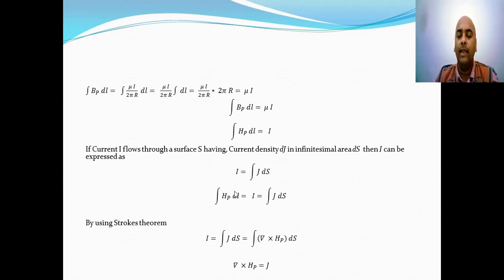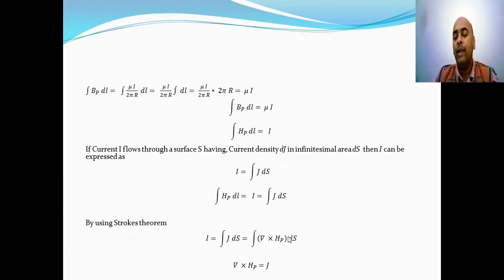H over line L. So H dot dl, by using Stokes theorem, converting the line integral into the surface integral, can be written as the integral of curl of H over the surface S, which is equal to the current I, and which is equal to the integral of J dS.